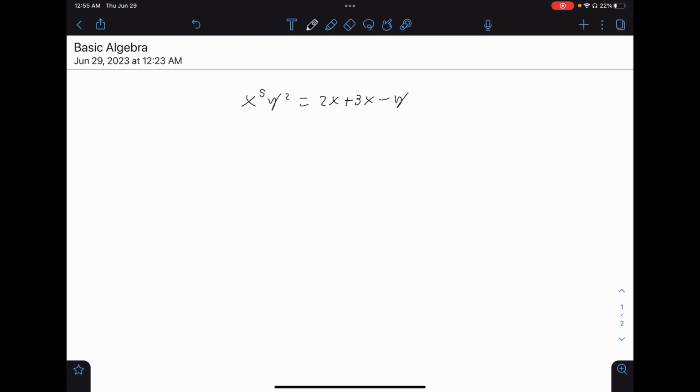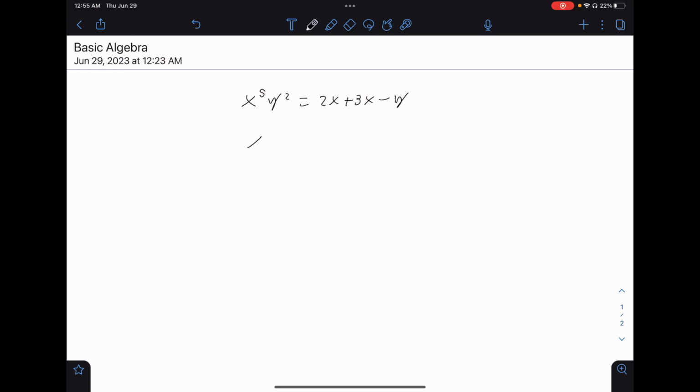What do I mean by solve for? By solve for, I mean isolate it on one side of the equation and have everything else on the other side of the equation. So naturally, you would want to instantly move everything on the left side of the equation here, because x to the fifth is there, to the other side. But first things first, you must collect like terms, because it just makes things easier.